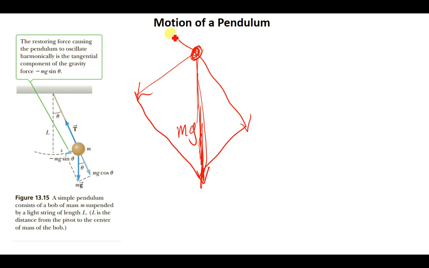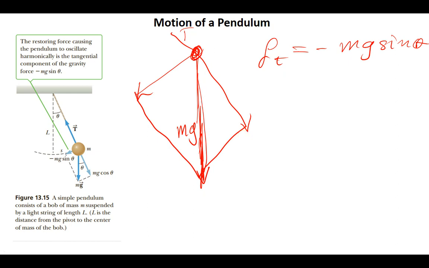We also have the tension this side. So the tangential force, which is just Ft, will just be given by negative mg sine theta. Why negative? Because it's facing down, if you take up as positive. So that is the tangential force.